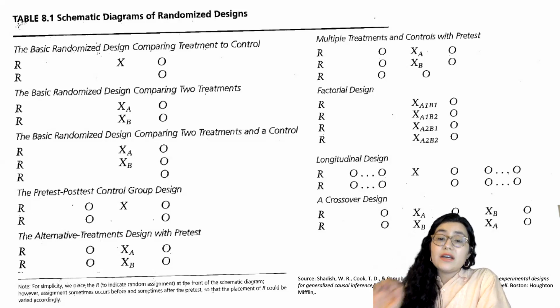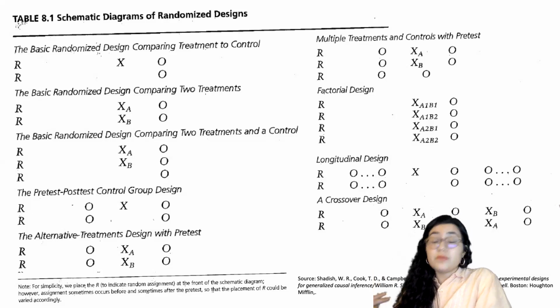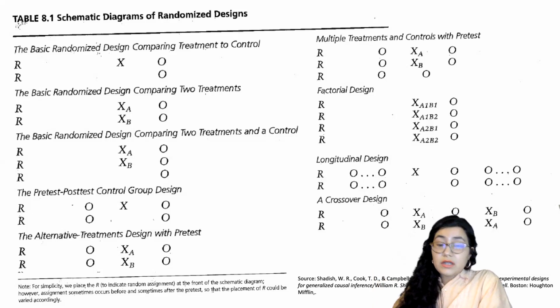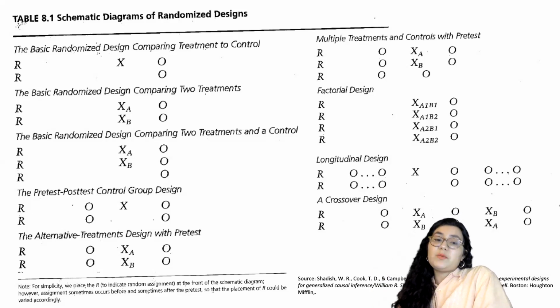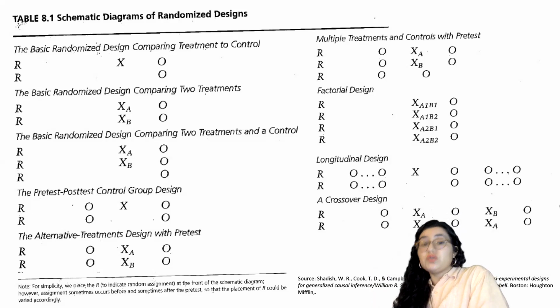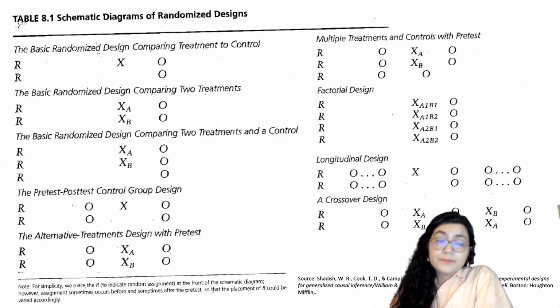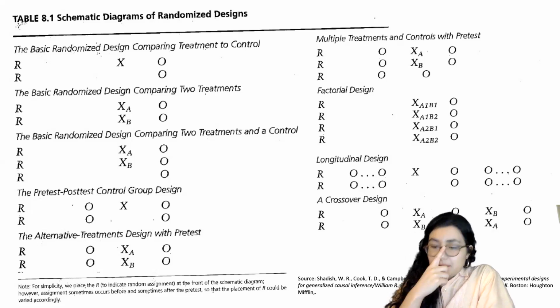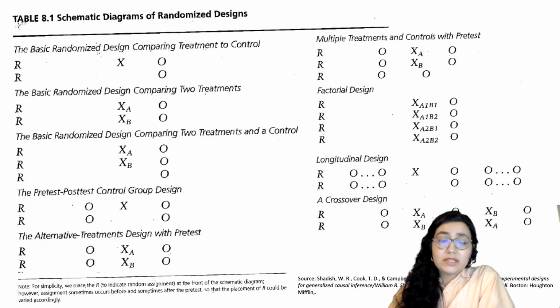So they all have different strengths and weaknesses. If you want to compare multiple interventions, then a basic randomized design comparing two treatments might be really good. But it might be better to do a basic randomized design comparing two treatments and a control, right? You really need to think about your question and what type of experiment would best suit it.